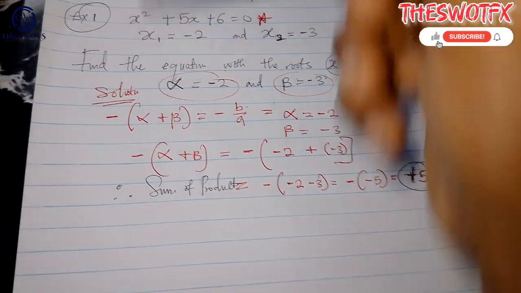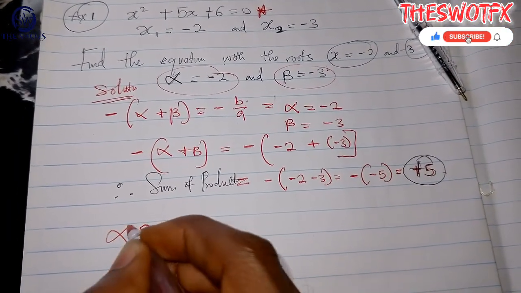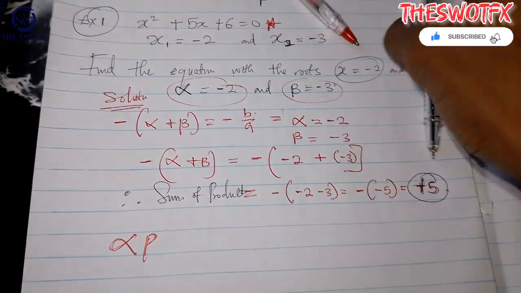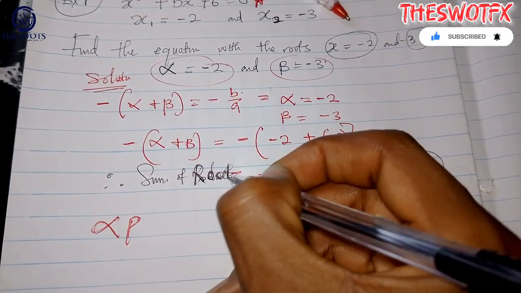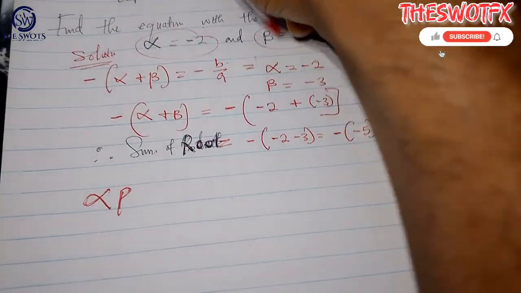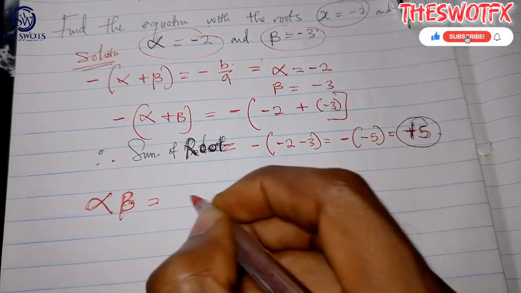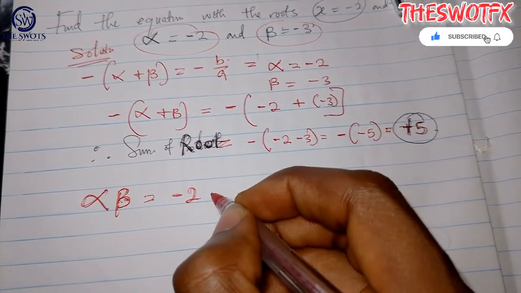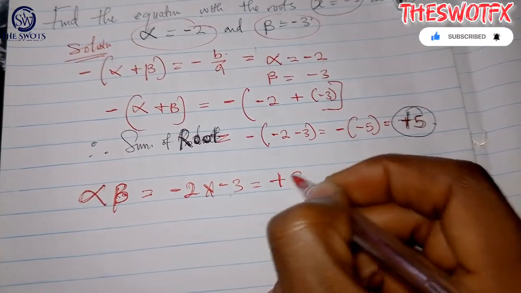So now let's do our products. Sum of roots, not sum of products. Sum of roots is minus 2 times minus 3, which is plus 6.